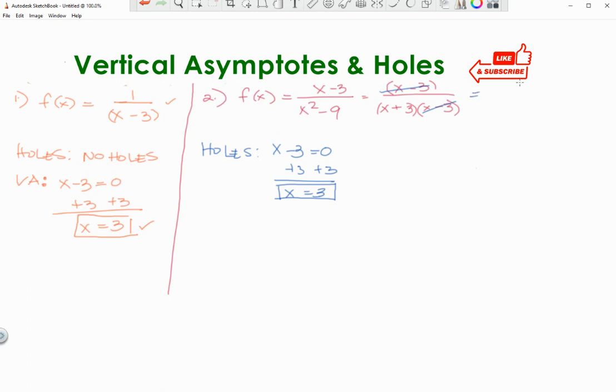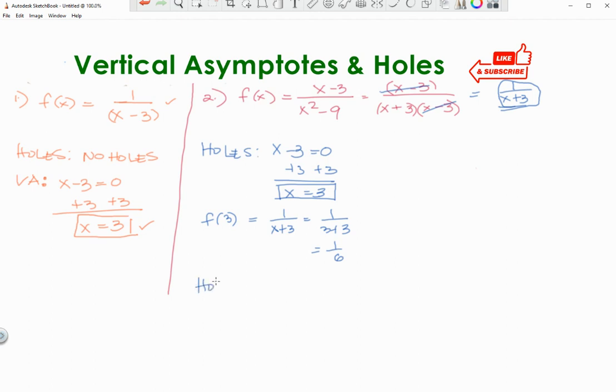When you cancel this out, it becomes 1 over x plus 3. So this is the simplified form. If you substitute that 3, then you will get the value of y. So let's say f of 3, meaning I'm going to substitute into 1 over x plus 3, then that would be 1 over 3 plus 3, which becomes 1 over 6.